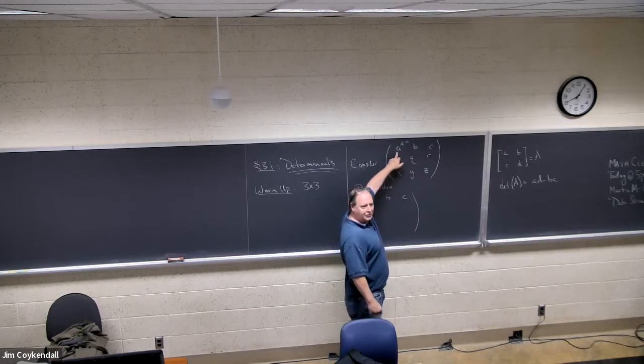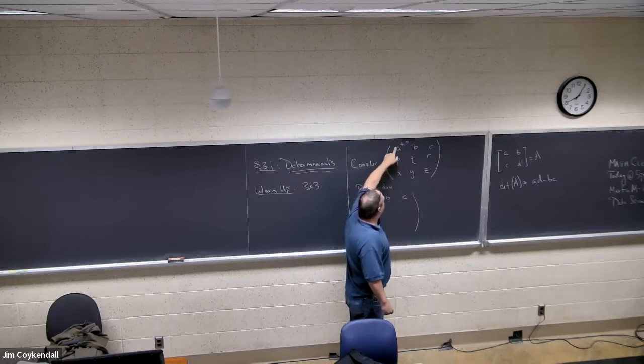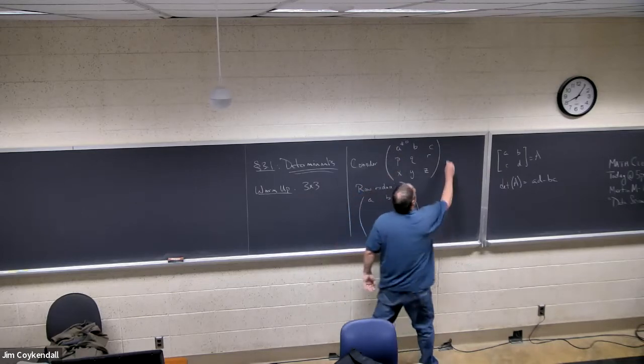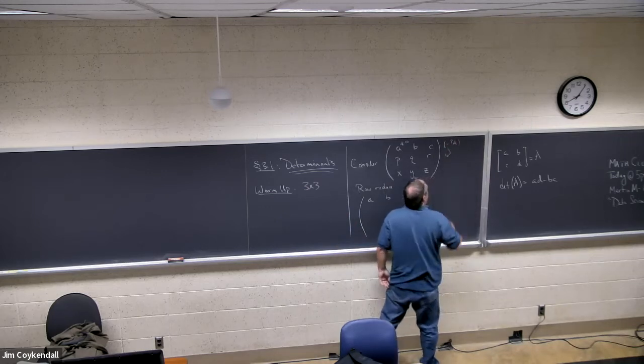I know this is kind of obnoxious, but I'm going to use this A to get rid of P and X, and I can do that because A is not zero. So I'm going to multiply this top row by negative P over A and add it to this row.